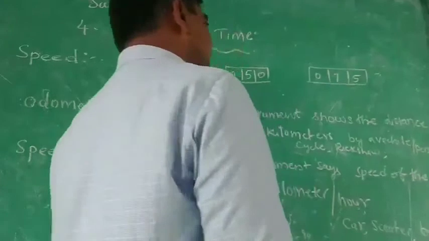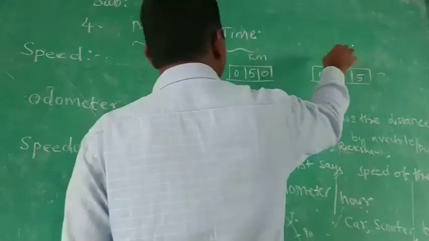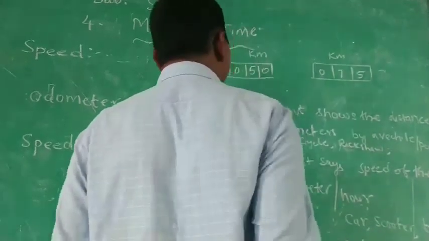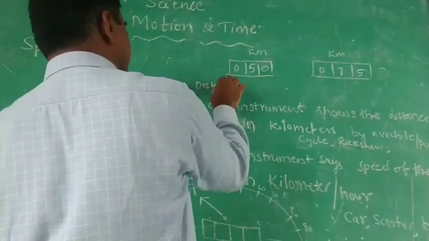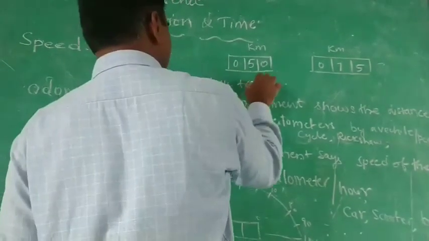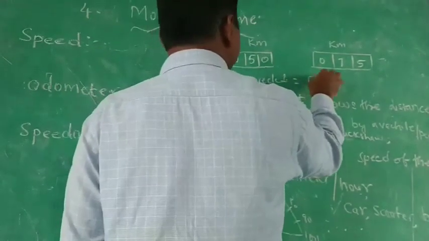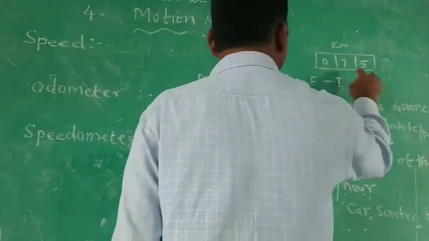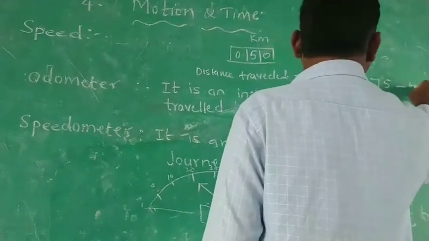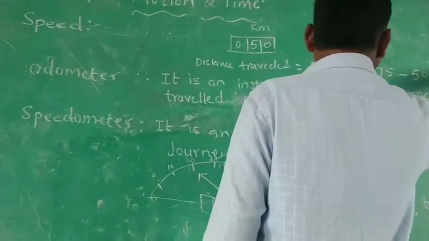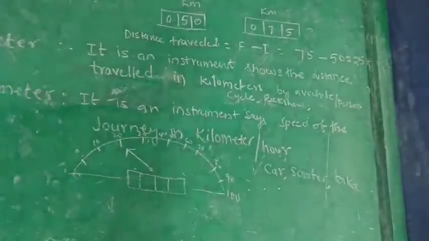What is the distance he travelled? Distance travelled is equal to final minus initial. That is final reading 75 minus 50, which is equal to 25. That is 25 kilometers he has travelled.